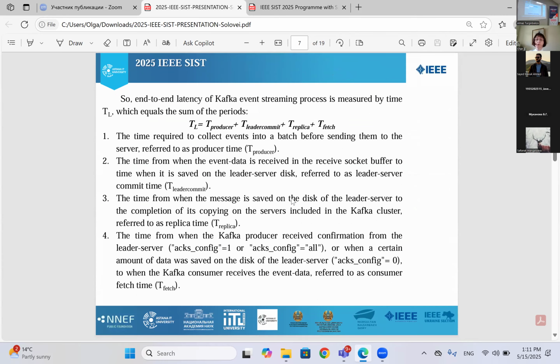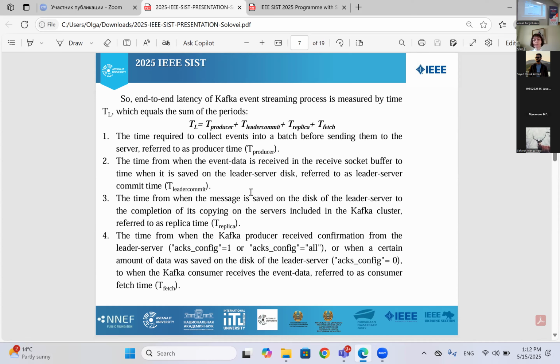Based on the above, the end-to-end latency formula consists of four terms. The first term is the producer time, the time needed for the producer to gather data in a batch. Then there is the period from the moment data is received in the receiver socket buffer until it is saved on the disk of the server leader: the leader commit time.